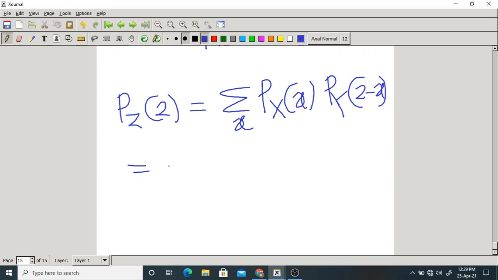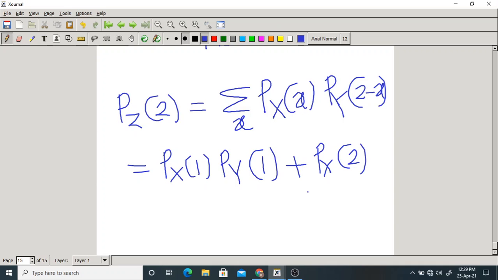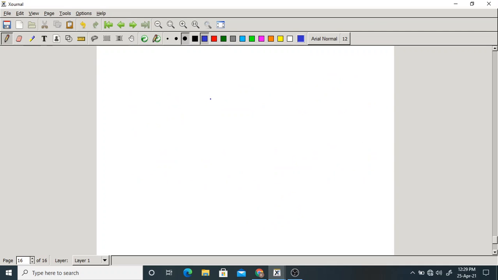So let us start from 1: P_X(1) into P_Y(1), plus x is 2, P_X(2) into P_Y(0).